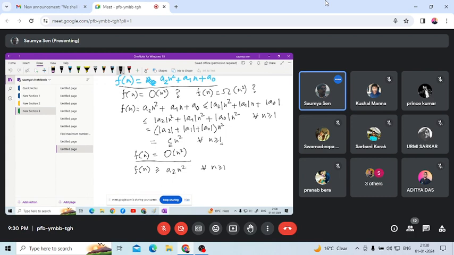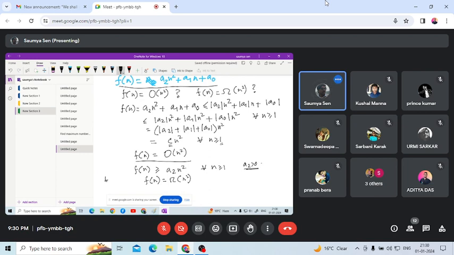Think cautiously, then say. If a2 is greater than 0, so by definition, f of n equals big omega of n square.